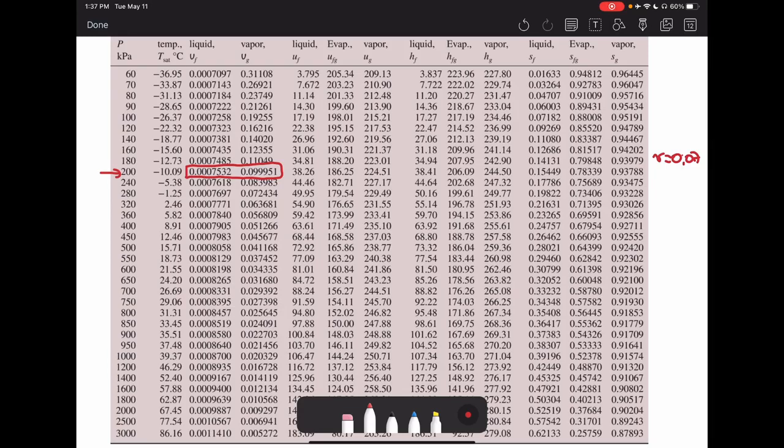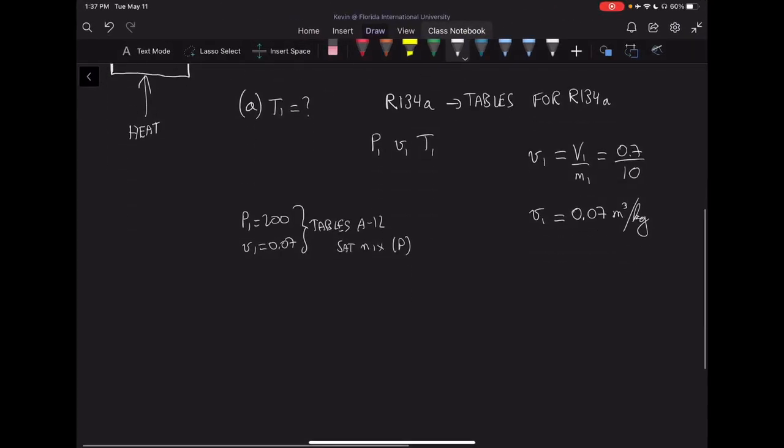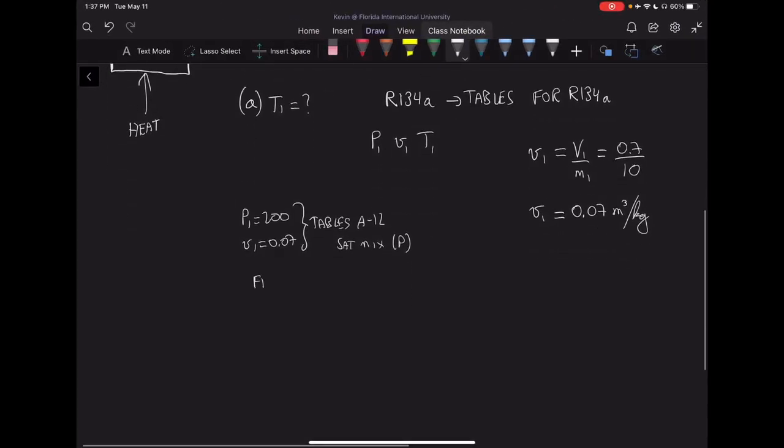Turns out that we are inside the saturated mix region. So we're in between. 0.07 is lower than vg and is higher than vf. So from the table, v is between vf and vg. Therefore, we have a saturated mix.